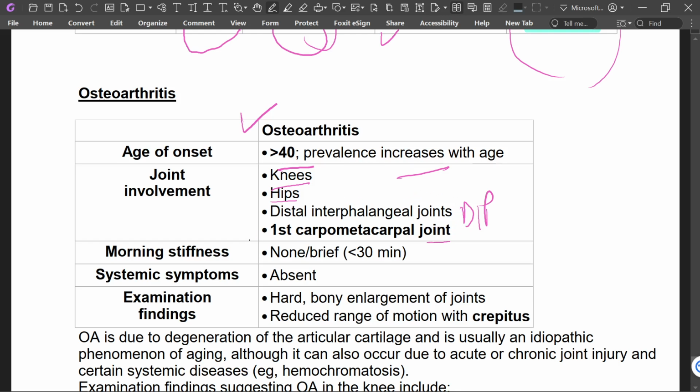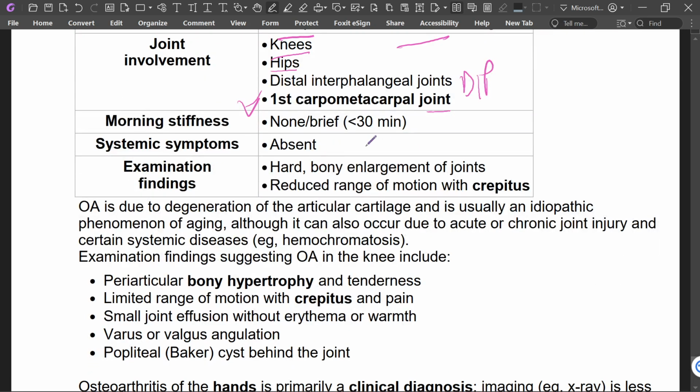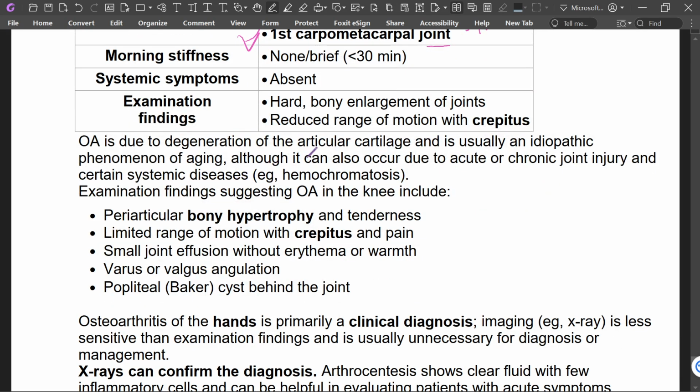There is morning stiffness, but systemic symptoms are absent. Examination findings: hard, bony enlargement of the joint, and reduced range of motion with crepitus.